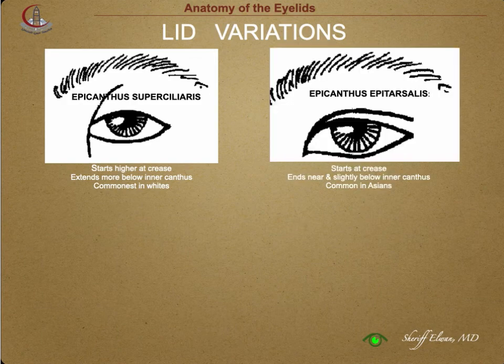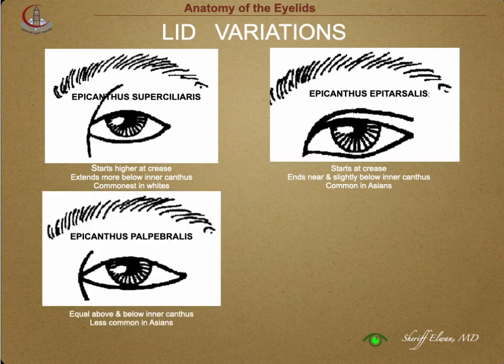The second variety is the epicanthus epitarsalis, and this starts at the crease and ends near and slightly below, not extending much, slightly below the inner canthus, and this is a common configuration in Asians.